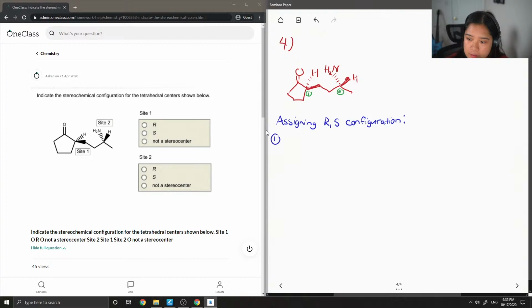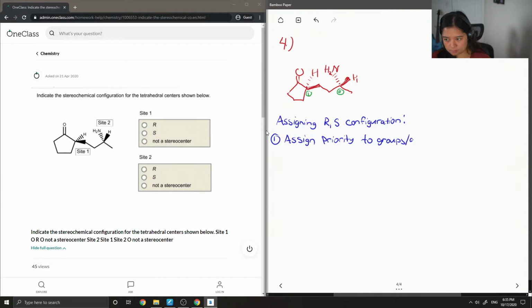The first one is to assign priority. Basically, this is mainly based on molecular weight.